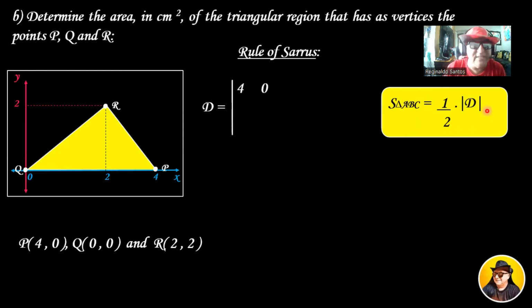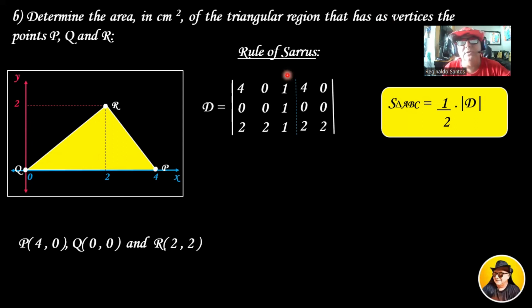Point Q is 0 and 0. And point R is 2 and 2. And then right here, we write a column of numbers 1. Then we repeat the first column 4, 0, and 2, and then the second column 2, 2, and 0, and then we close the determinant.